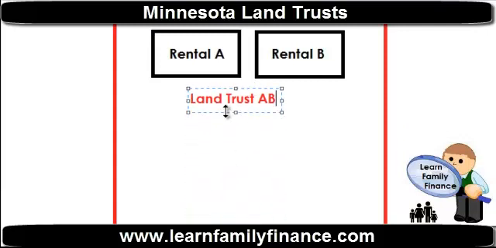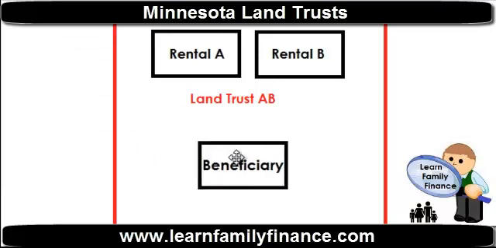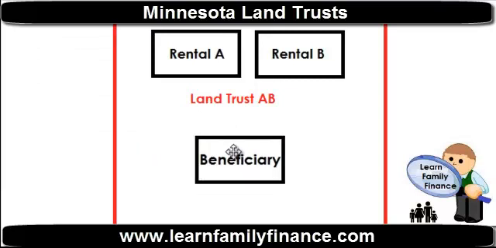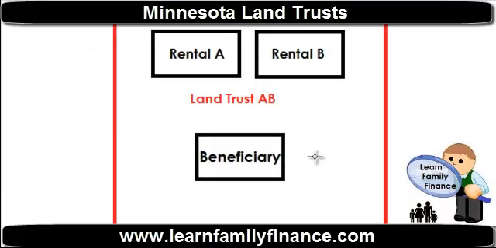In the Land Trust AB, you're going to have to name a beneficiary. And if you're just going to name yourself or a person as that beneficiary, here's the problem.